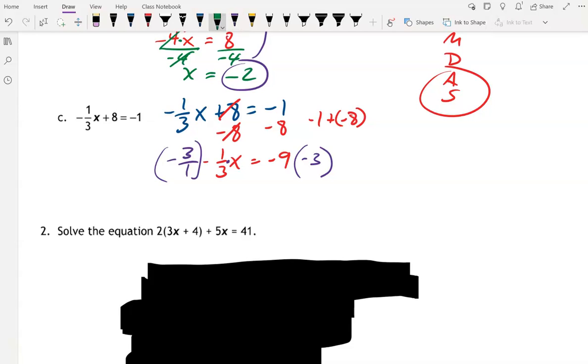Now, when I get to that point, this one and this one cancel each other out, and I am left with x over here, and negative 9 times negative 3 is positive 27. And I'm done. Again, you want to check your answer. You can by taking that 27 that we found for x, substituting it back into your original equation, and see, does the expression on the left-hand side equal the number that's on the right-hand side?